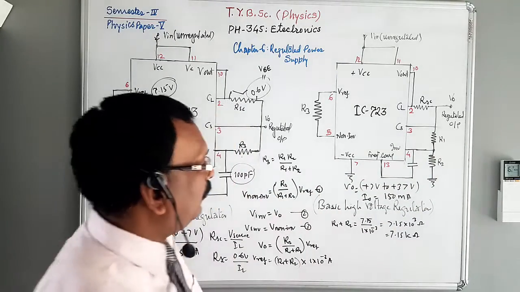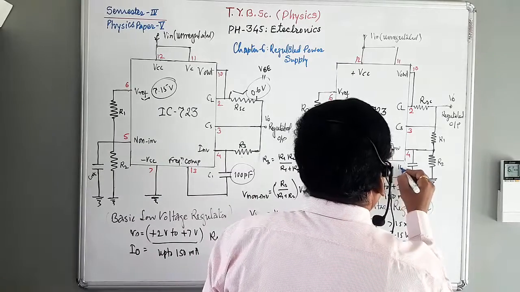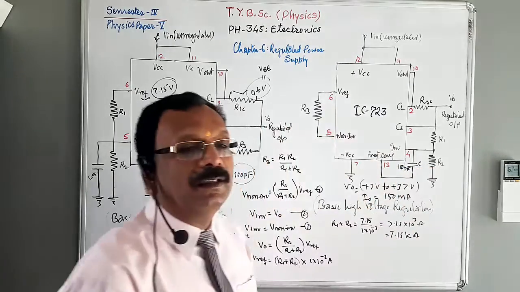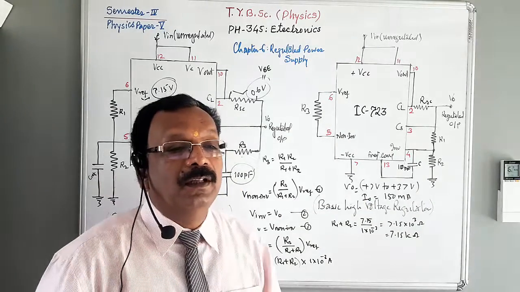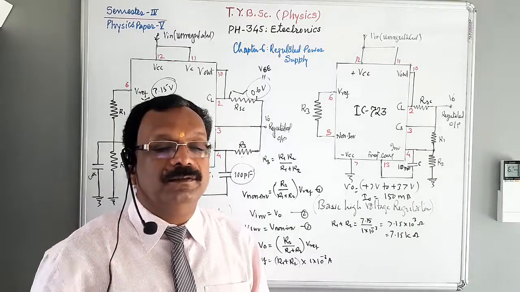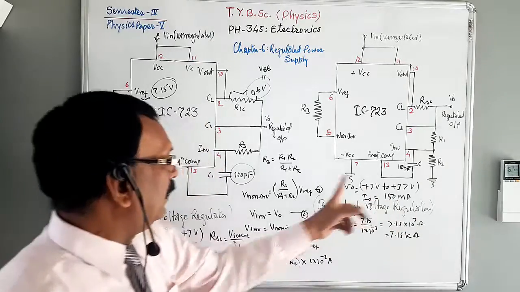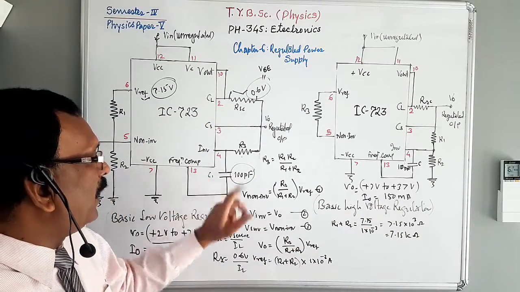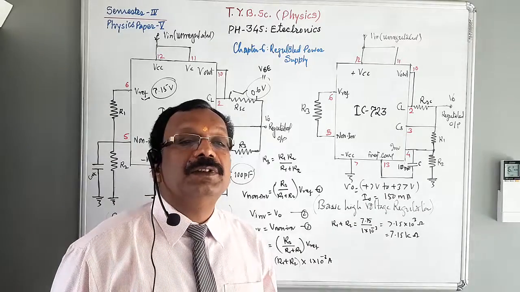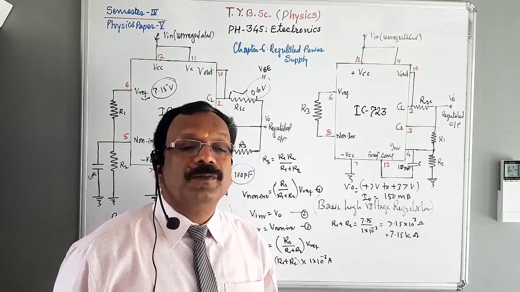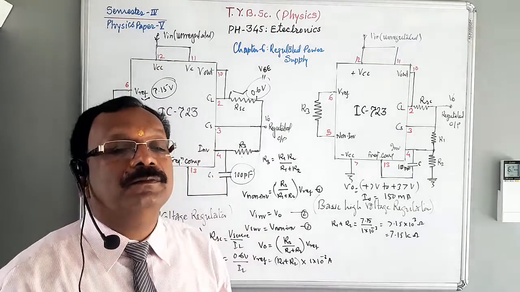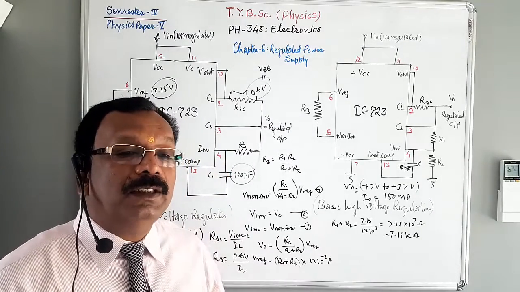In this circuit, we also use a 100 picofarad capacitor for frequency compensation. In both circuits, this capacitor C1 of 100 picofarad is used for frequency compensation. Okay.